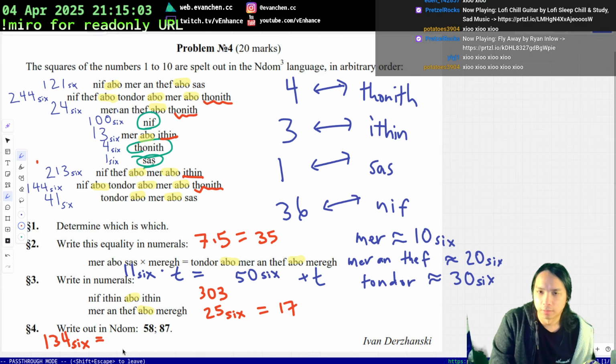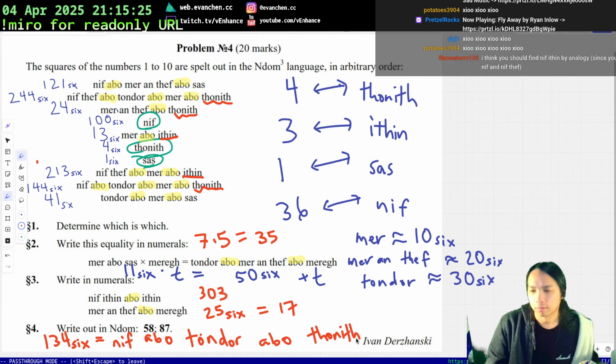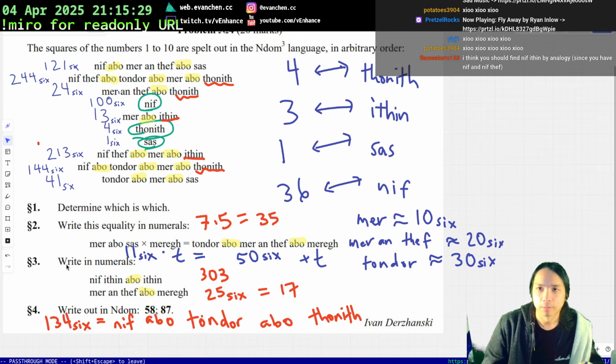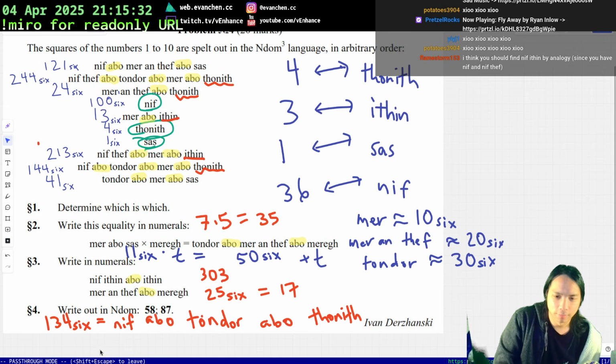So this is nif abo tondor abo thonif and 87 requires a bit more calculation.